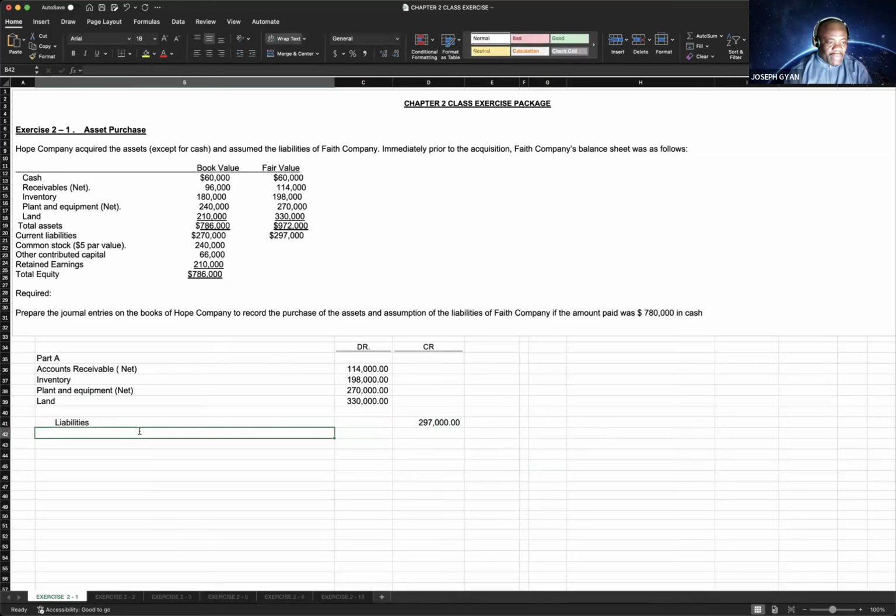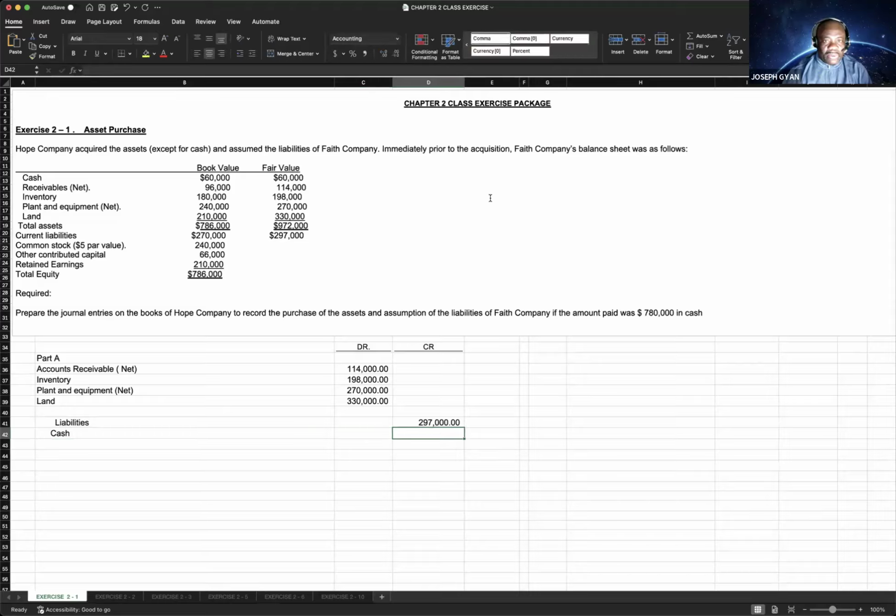And then the consideration they are giving is cash, amounting to 780,000 here. So how much is the goodwill, if there is any?